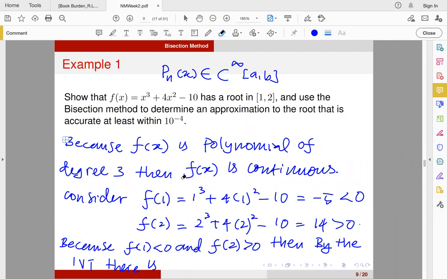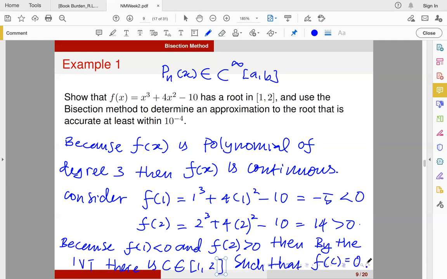There is C, an element of the interval (1,2), such that f(C) equals 0.